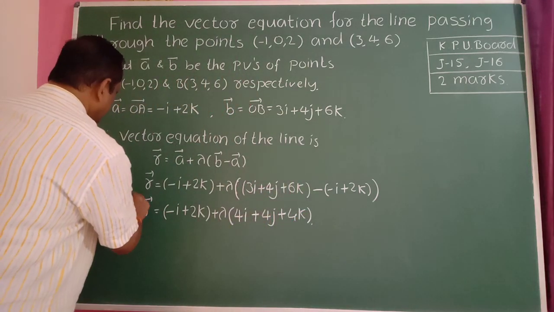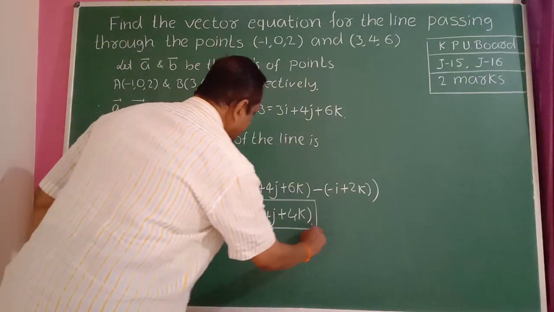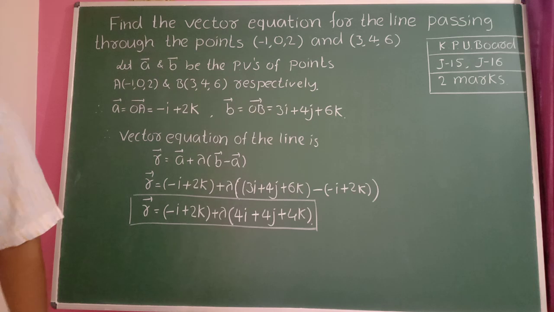So this is the vector equation of the line passing through two given points. It is a 2 marks question.